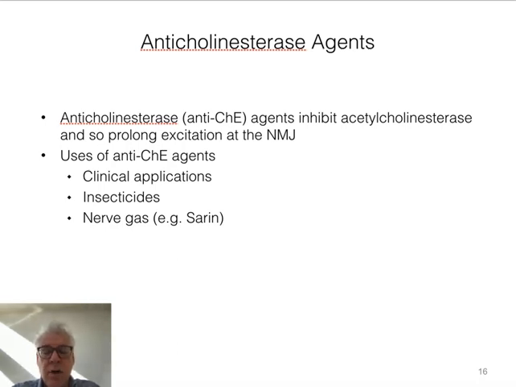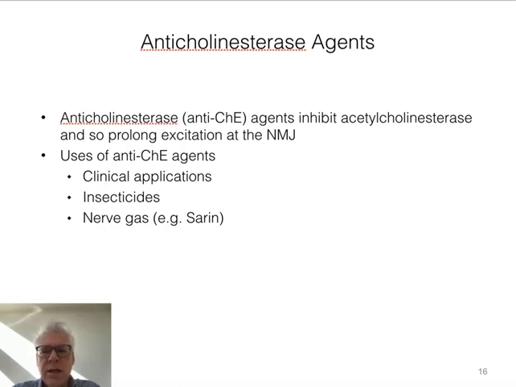We use this quite often in the clinic in patients with myasthenia gravis, and we have particular drugs that interfere with acetylcholinesterase. That is the enzyme that breaks down the acetylcholine in the cleft. So we have anti-cholinesterase agents, and they prolong excitation at the neuromuscular junction. These drugs are well known in the clinic to treat patients with myasthenia gravis, amongst others.